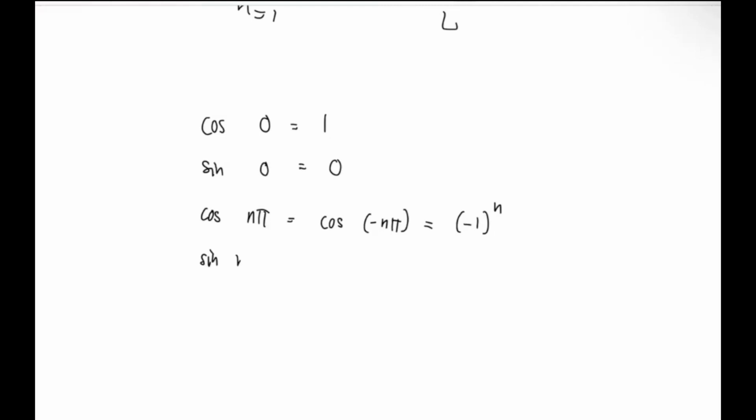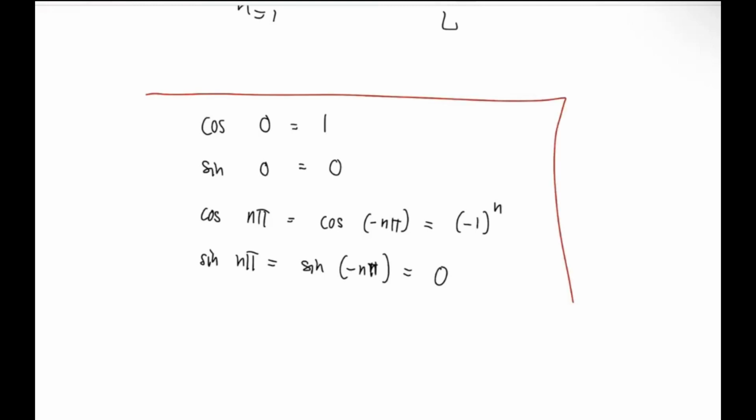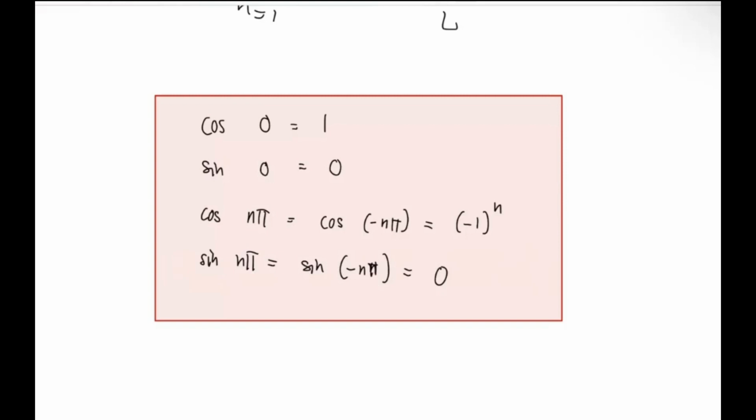Sin n pi is also equal to sine negative n pi, and this one is 0. So there are 4 trigonometric identities that you must remember in order to complete your Fourier series. So please remember this one.